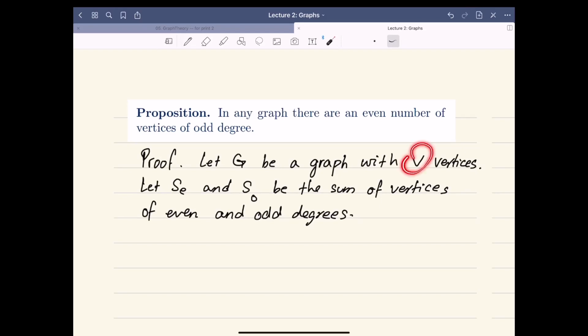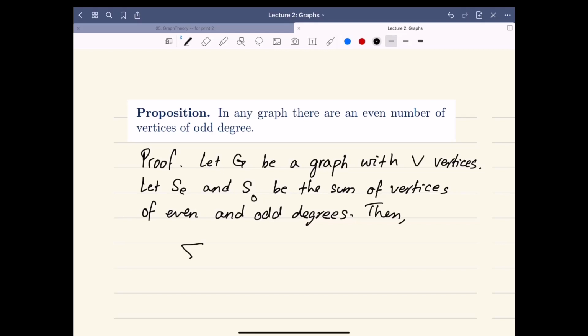So V will be a set, but SE and SO will be numbers. So SE represents the summation of all vertices of even degree, and SO represents the summation of all vertices of odd degree. So then we will have the definition.